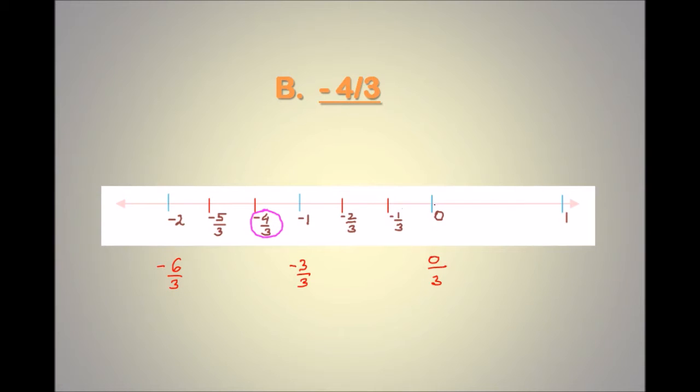So the counting starts from 0 always, therefore we have divided this interval between 0 and -1 into 3 subparts as well. We could have skipped this part.